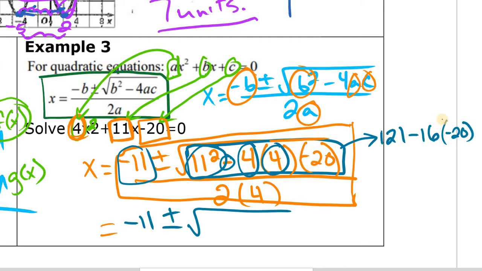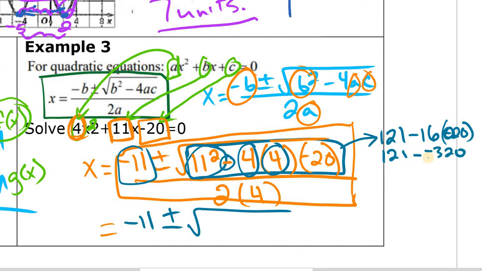All right, so at this point, since you don't have calculators, you're going to write that out by hand. 16 times 20. 16 times 20 is 320. And the important thing for you to realize is this is a negative 20. So 16 times negative 20 gives you a negative there. So it's 121 minus negative 320.